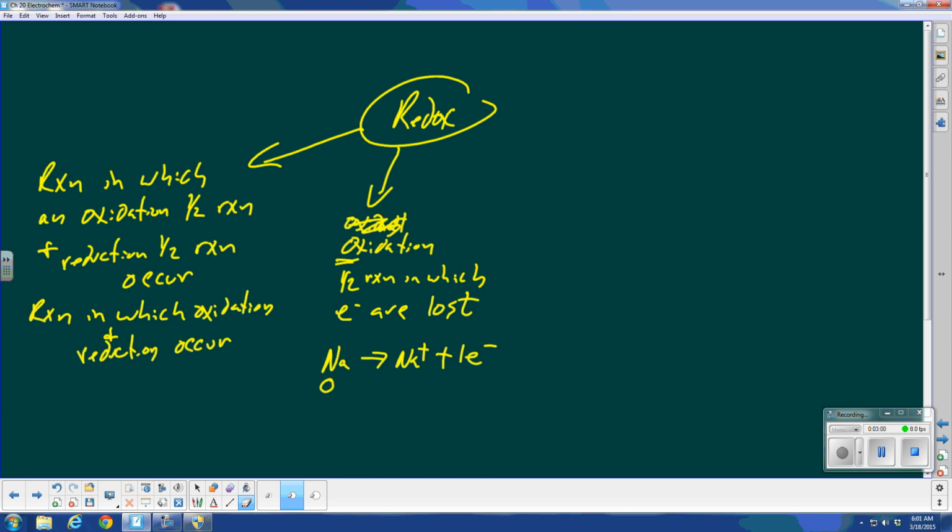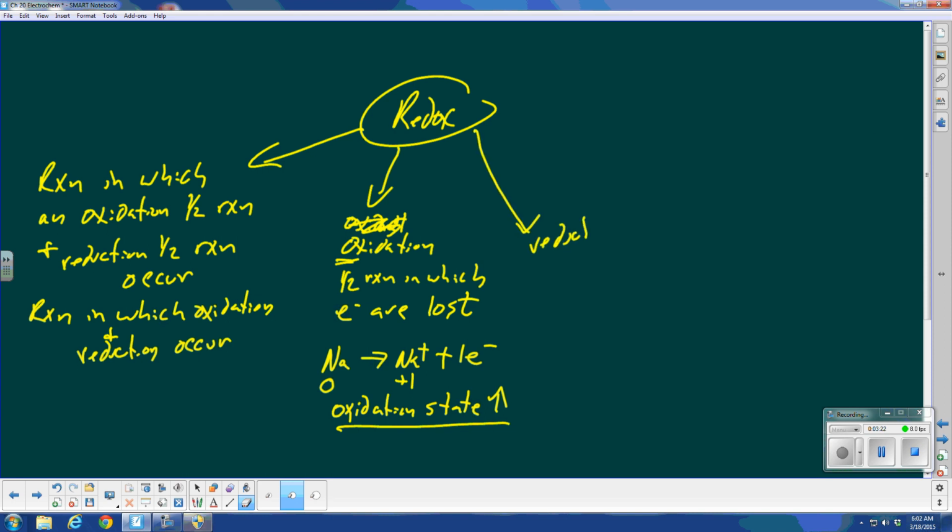Another way to know what's going on is to look at the oxidation states. The oxidation state of sodium here is 0. The oxidation state of sodium cation is +1. Whenever my oxidation number increases, that is also oxidation. Now, we can also look at reduction. What is reduction?